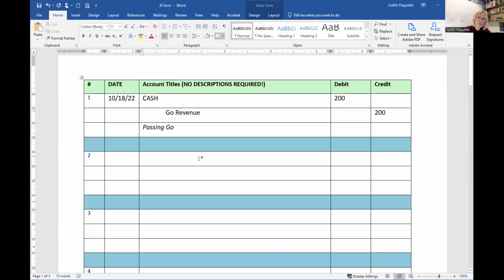So what if you land on somebody else's property and you have to pay rent? What is the journal entry for that? Does cash go up or down? It's going to go down, so that'll be the credit, and then the expense will be a debit.